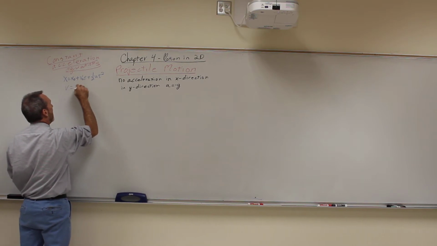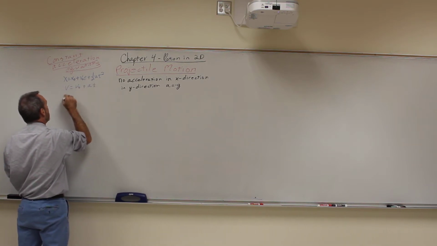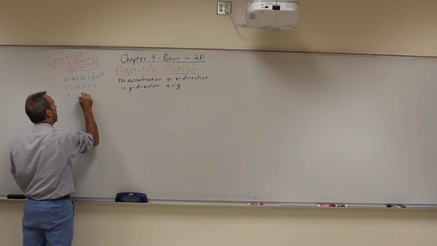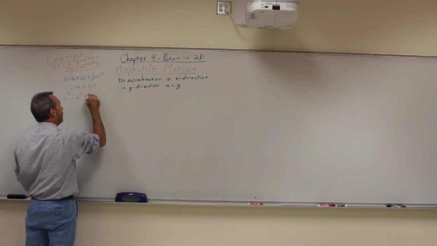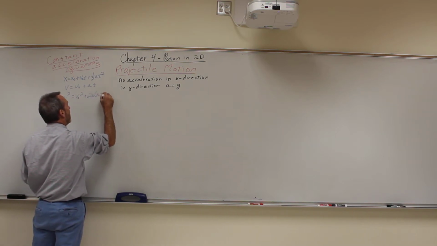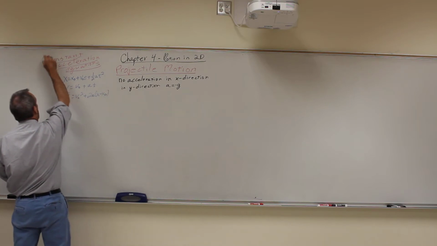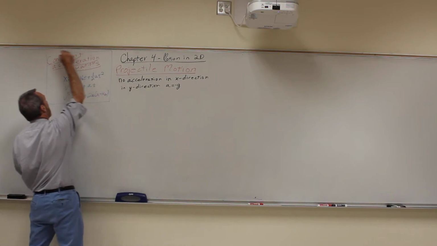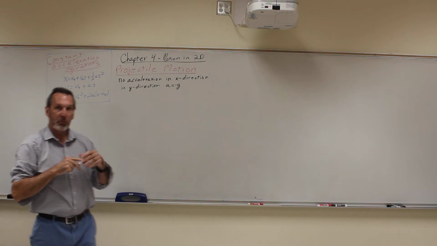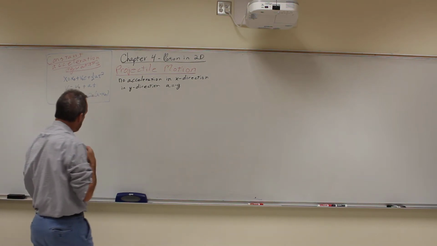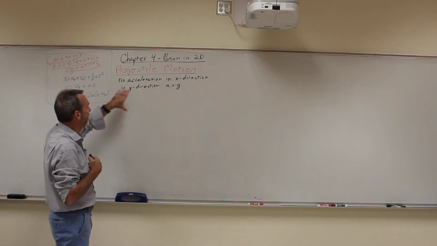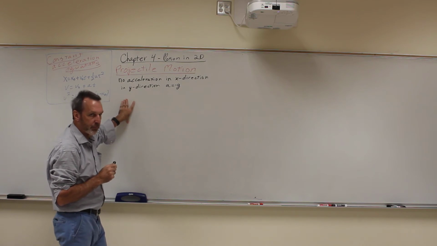V is equal to v naught plus at, and v squared equals v naught squared plus 2a times x minus x naught. Those were our constant acceleration equations. So we're going to put these equations specifically for projectile motion.